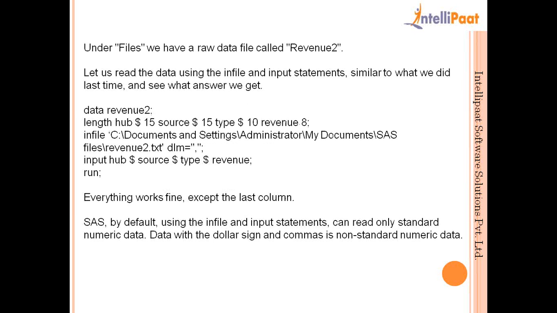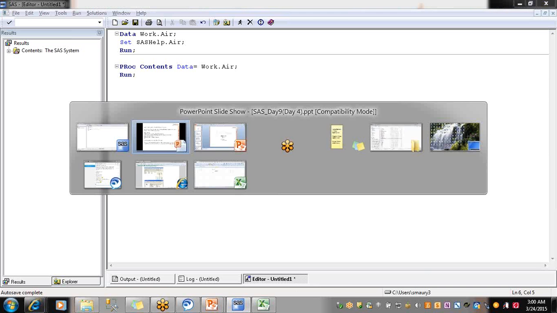right? Under files, we have a raw data file called revenue2. Let's read the data using the infile and input statement, similar to what we did last time. See what answer we get. Okay, so data revenue2, let me just search for this data content.